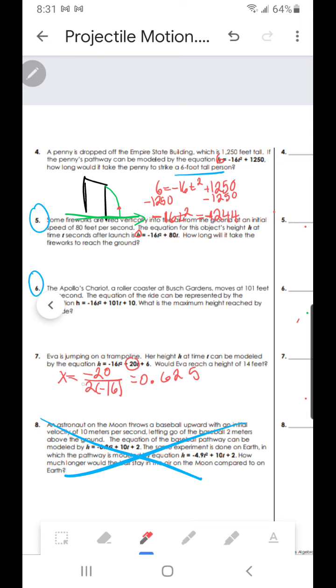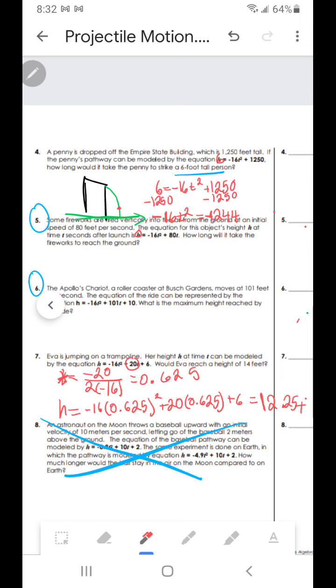Now to find the y, or I should have said this should have been the t and the h, to find the h, we need to plug that into my equation. Negative 16 times 0.625 squared plus 20 times 0.625 plus 6, and punching that into a calculator, that is approximately 12.25 feet.